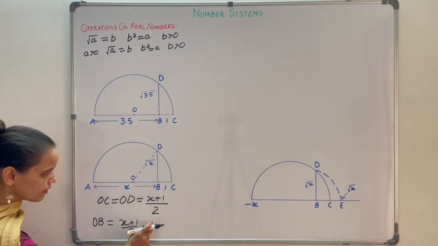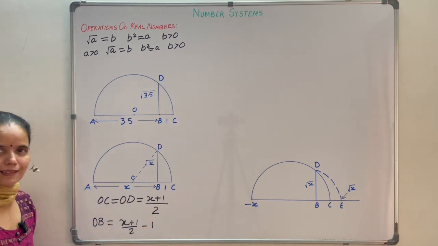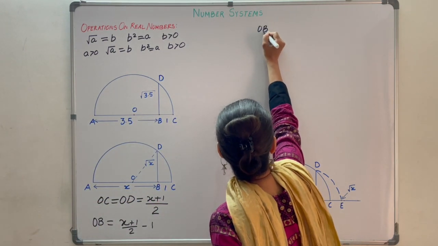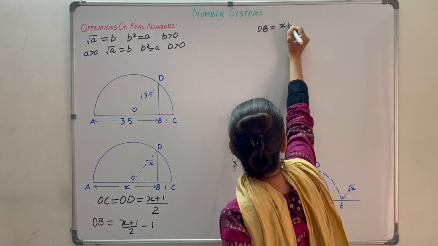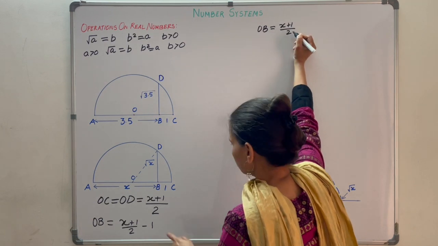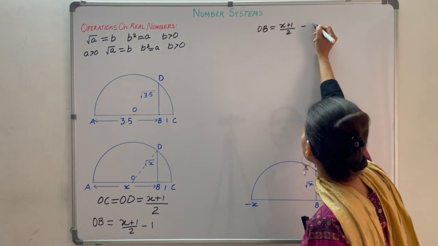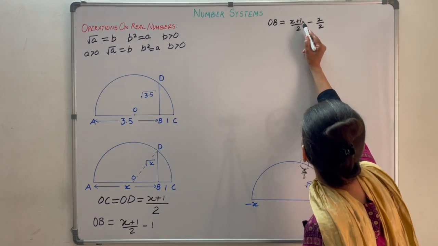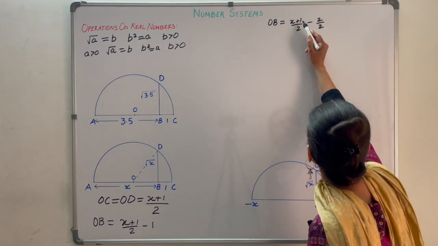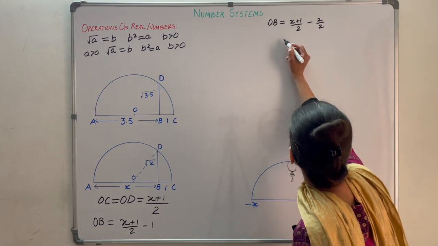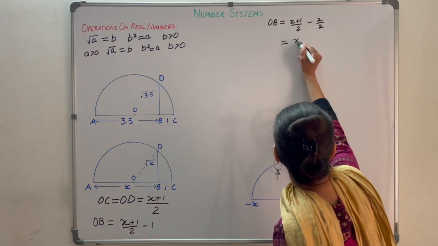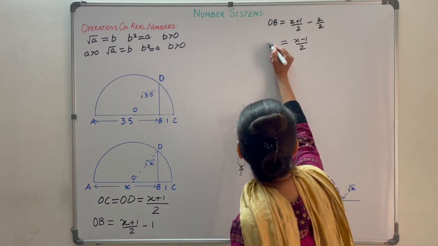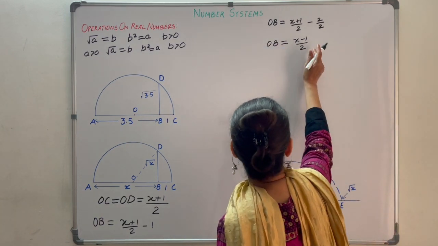So we can rewrite 1 as 2 by 2, right? So OB is equal to x plus 1 upon 2, this 1 I am writing as 2 by 2. So here in numerator you have x plus 1 minus 2. So plus 1 minus 2 gives you minus 1. So in numerator you have x minus 1 upon 2. So you got how much is OB.